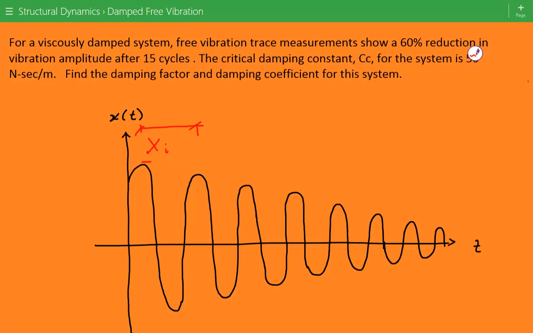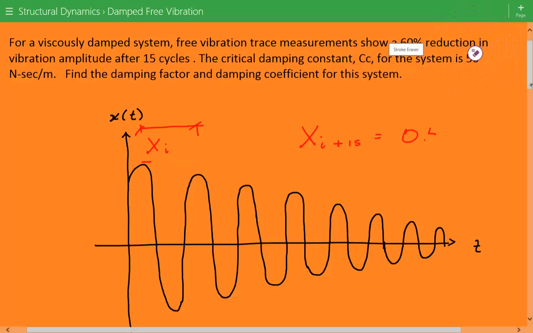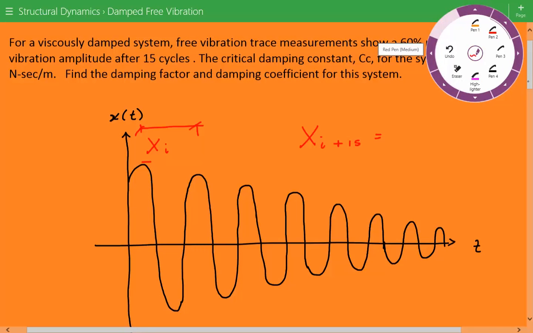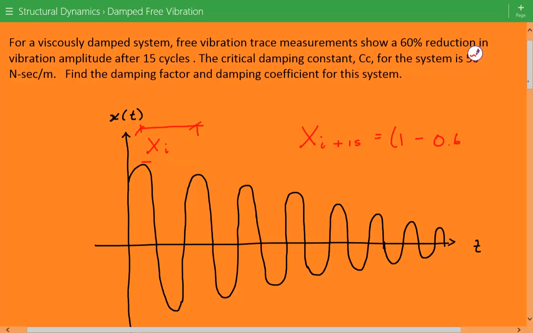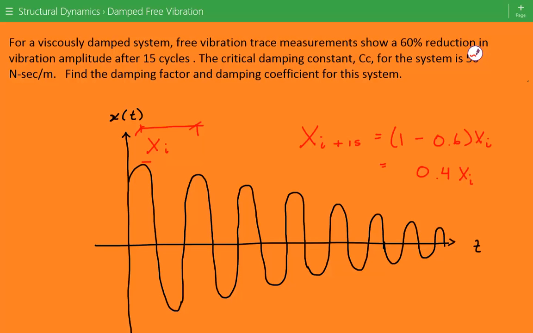We're saying after 15 cycles, so xi plus 15, is equal to, let me write it another way, 1 minus 0.6 times xi. So that 0.6 is our 60% reduction. So that equals 0.4 times xi. And we need to find the damping factor and the damping coefficient for this system.